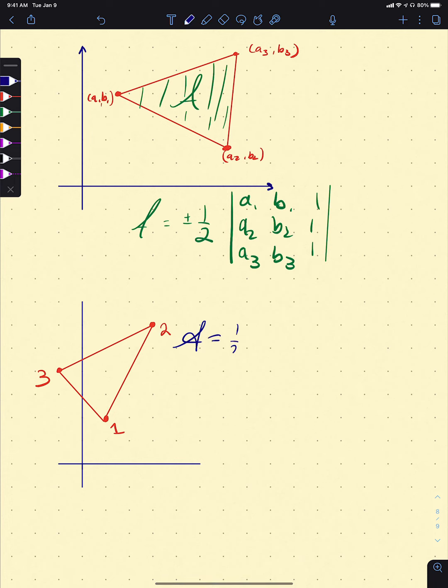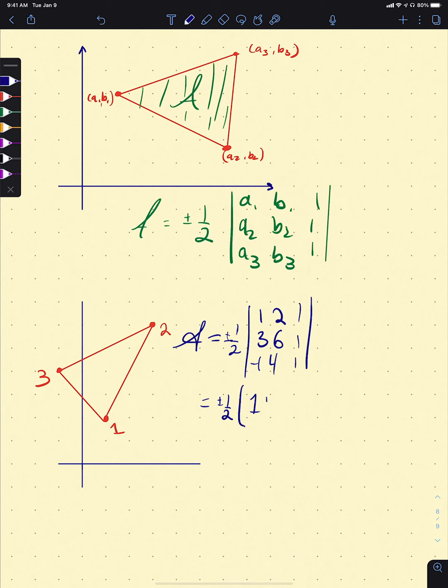So what's our area? It's going to be plus or minus 1/2 times what determinant? Well, what are our coordinates, right? We're going to have 1, 2, we said 3, 6, and we said -1, 4, and then a column of 1s, okay? We'll expand along the first row, okay? So we're going to have plus or minus 1/2 times what?